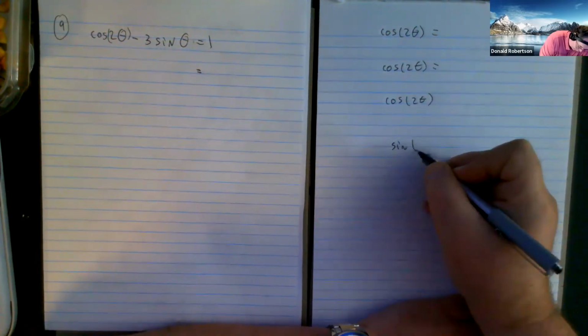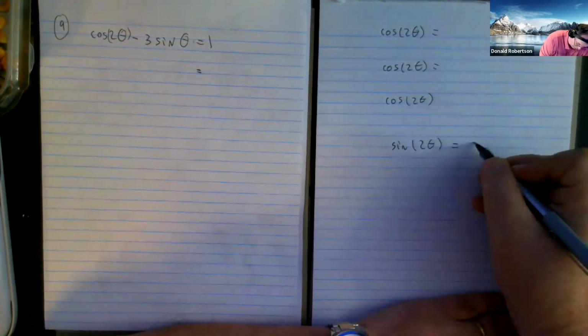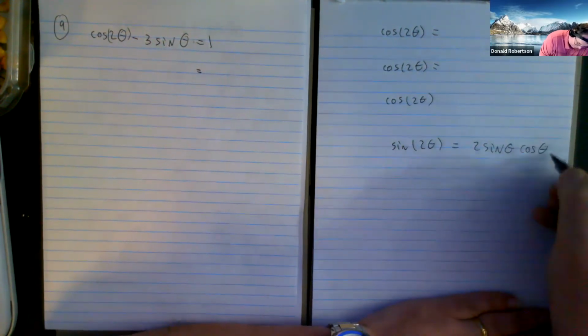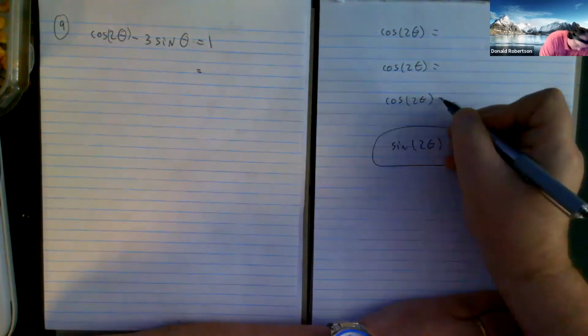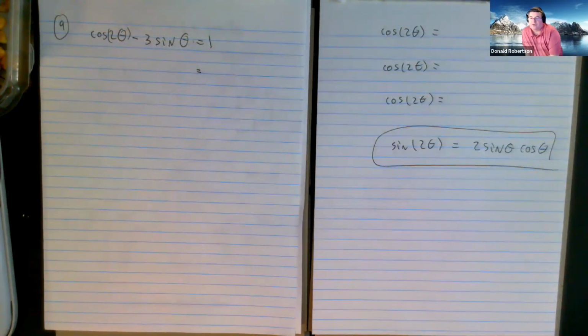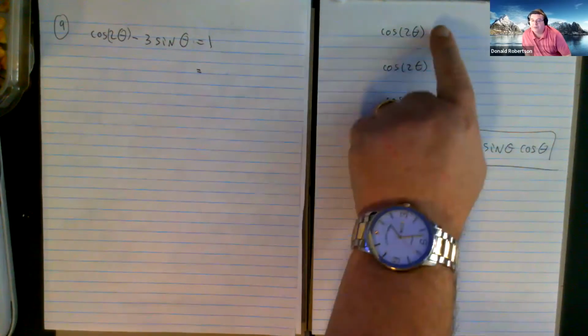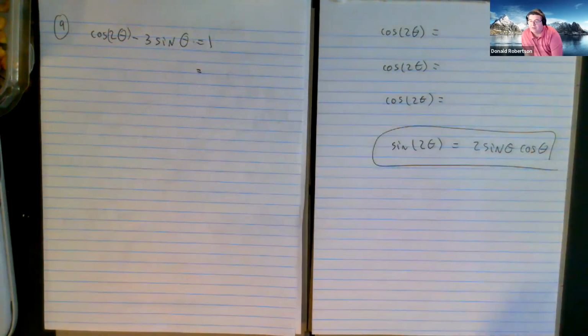Strangely enough, there's only one version for the sine of 2 theta. But there are 3 versions for the cosine of 2 theta. And only one of them is going to work in this equation. But let's see if we can find the 3 of them.